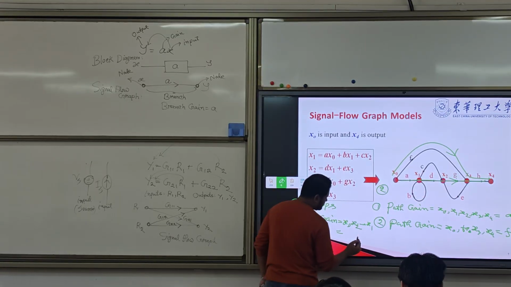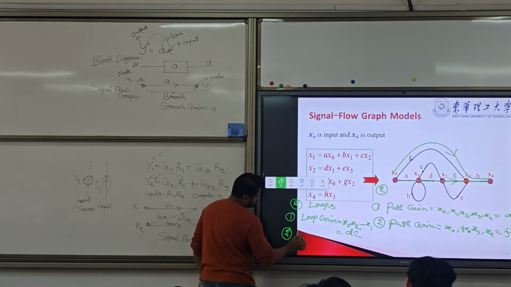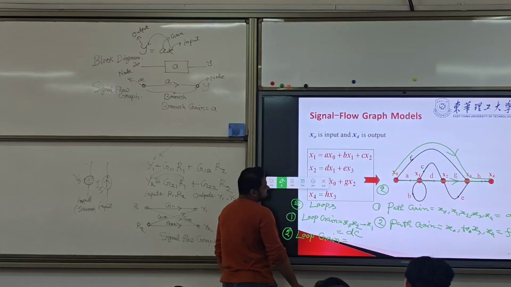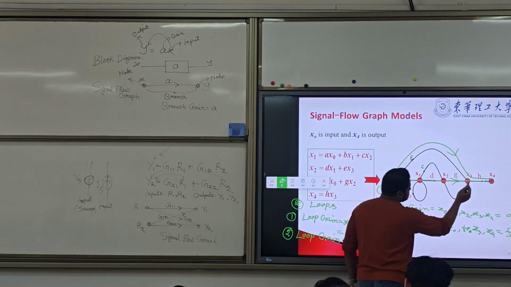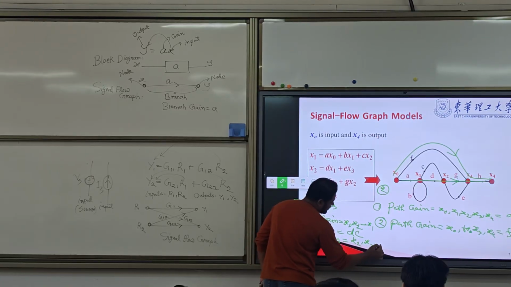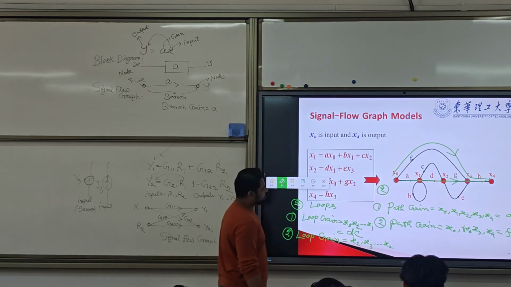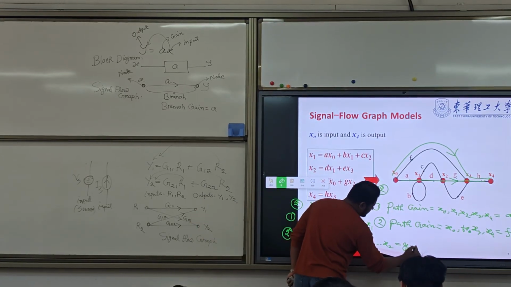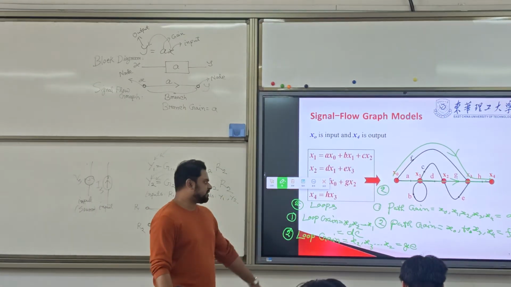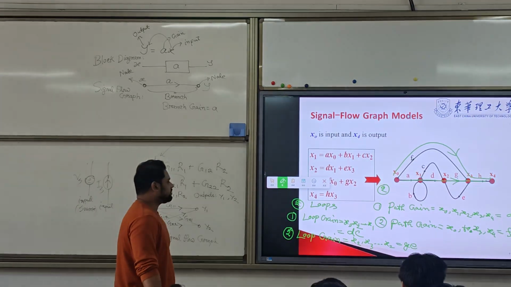D into C. Second loop gain here. x2 to x3, back to x2. What is the loop gain? G, E. Multiplication of G and E. These are the path gain and loop gain for this signal flow graph.